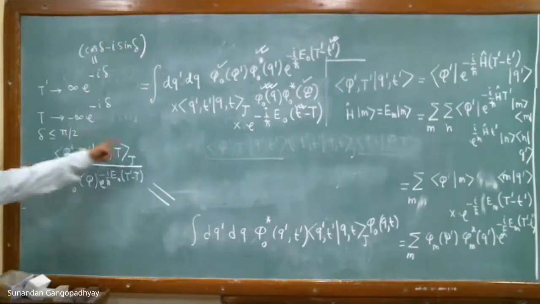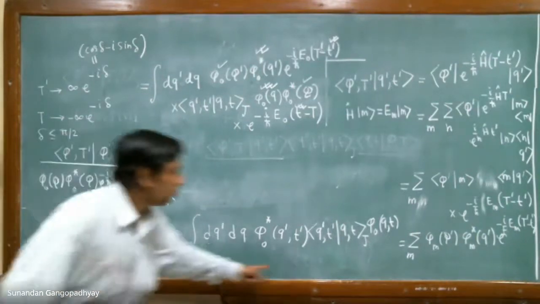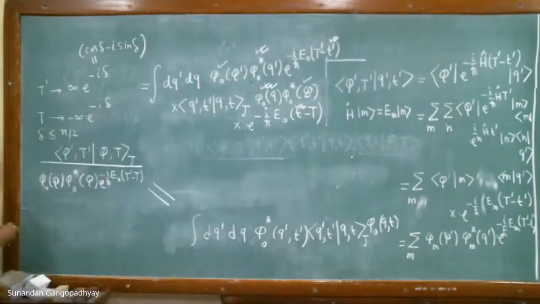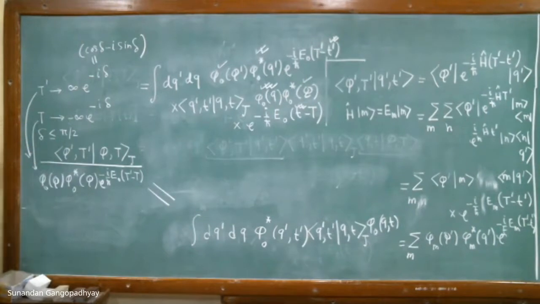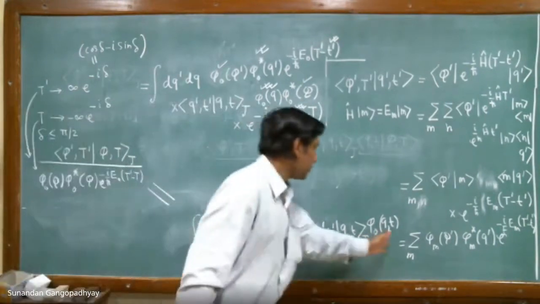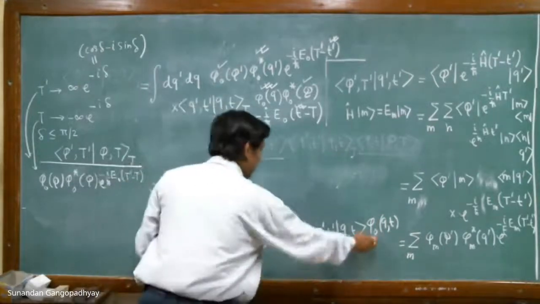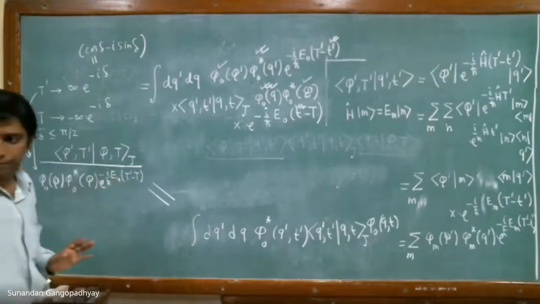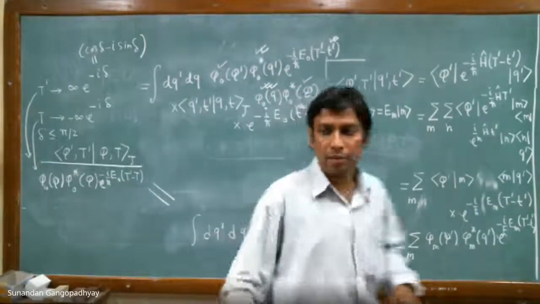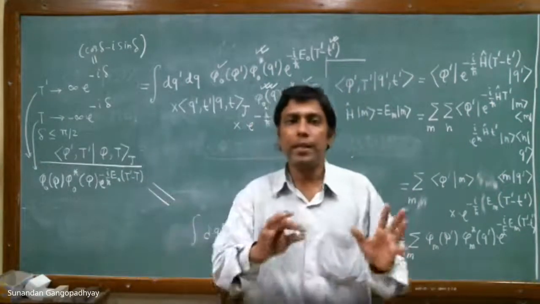So this expression is equal to this expression, and we must remember that we have taken these limits. So in this limit we see that this object is basically equal to this object divided by some numerical factor, which you can just dump in some constant a, say.